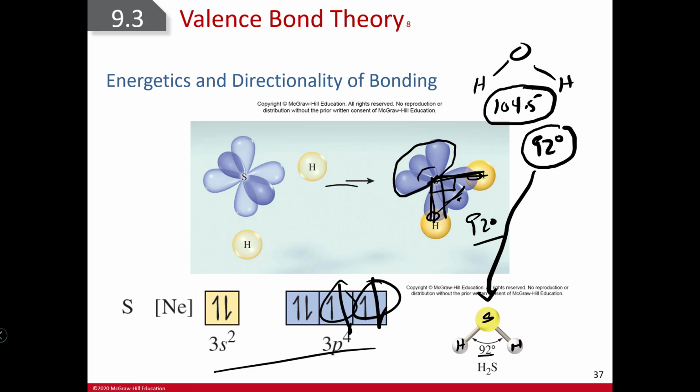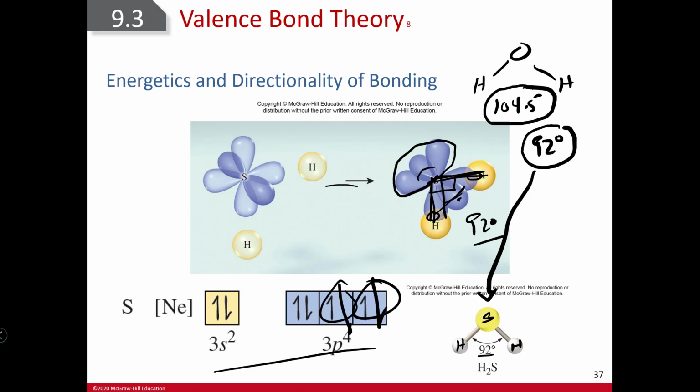So what's going on? We find out that valence bond theory is simple, but it doesn't explain everything. The bottom line: valence bond theory says that bonds form when singly occupied atomic orbitals, that means orbitals that have only one electron, share their electrons with opposite spins, and there's an optimal overlap where the potential energy is at its lowest.